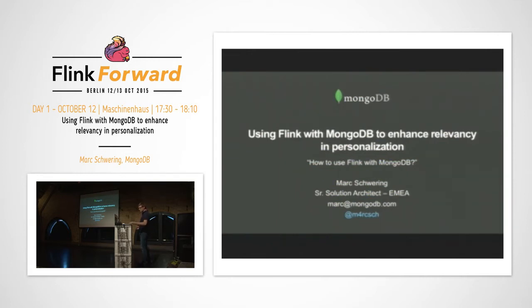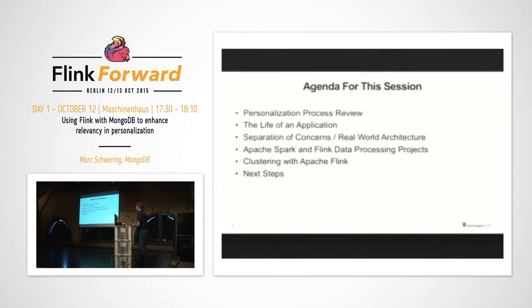So that's the reasoning behind this session, and I want to start with a generic overview of the personalization process itself. So why is this relevant in Flink, the Flink aspect, but also what does it mean to developers and architects?